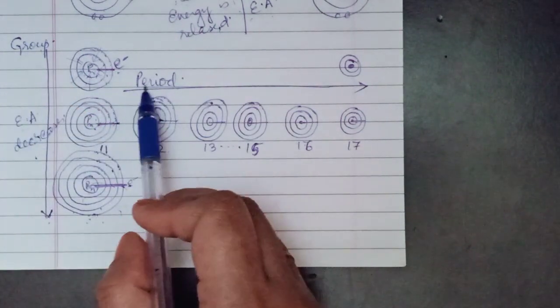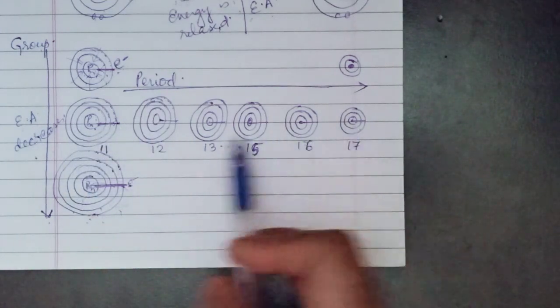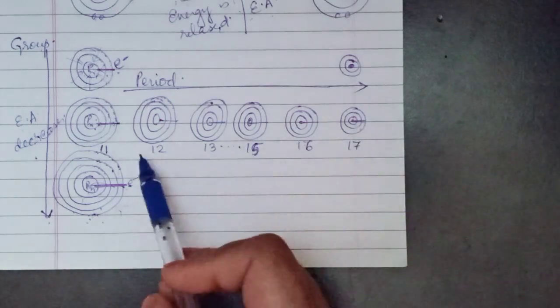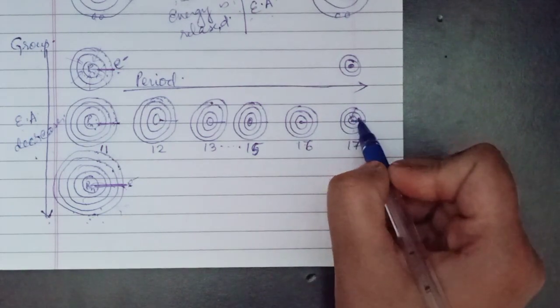Now let's talk about the period. When we are moving from left to right in a period, the size of the atom is decreasing. Due to the decrease in size, the nuclear pull will be stronger.